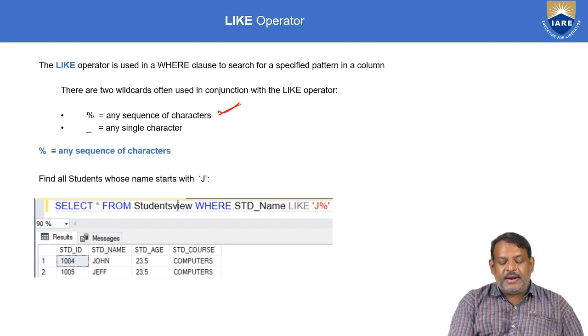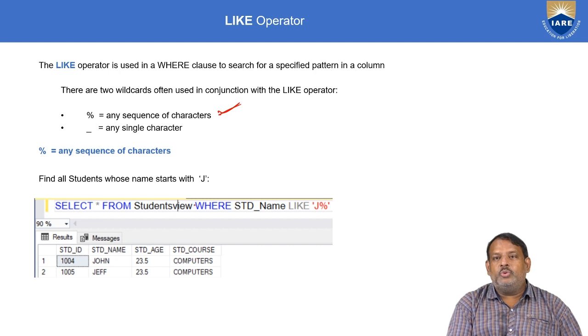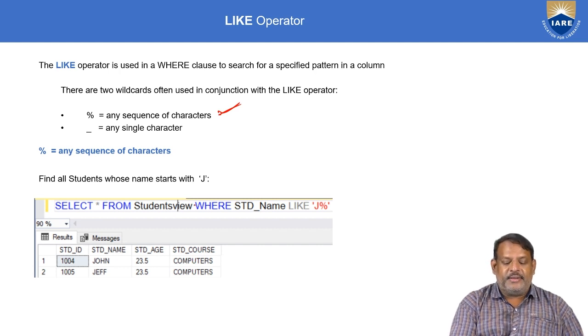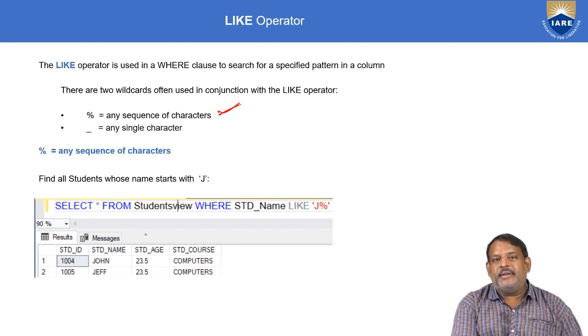Suppose I want to know the students whose name starts with J. John and Jeff are the two students who have J as a starting letter.